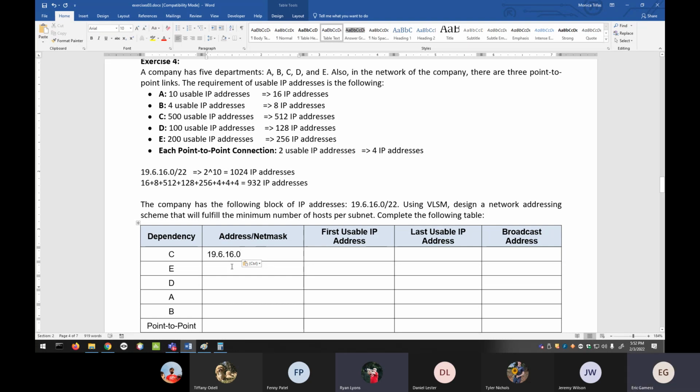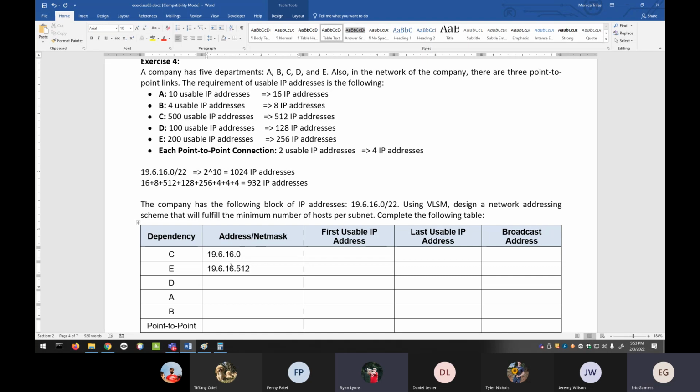So where is E going to start? If you do 0 plus 512, you will have to put a 512 here. Can I put a 512 here? No. 512 is what? 2 times 256.